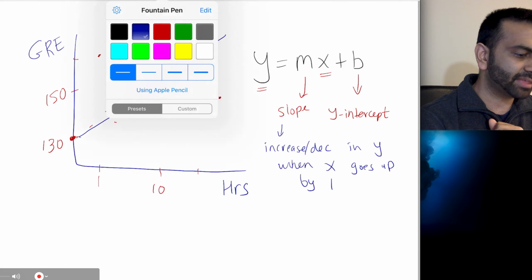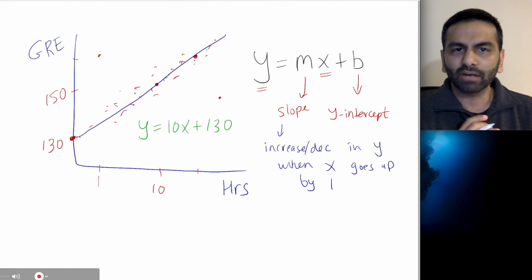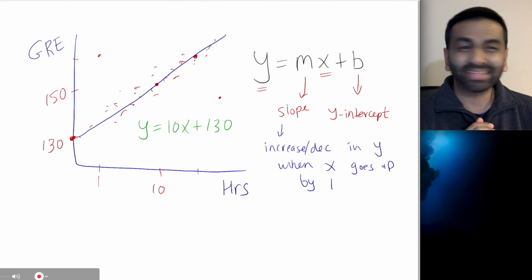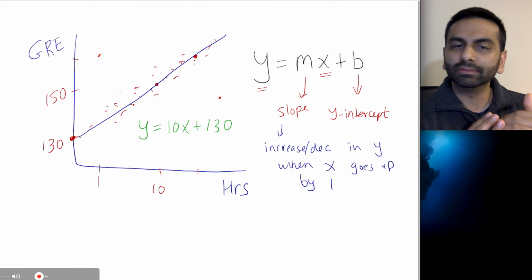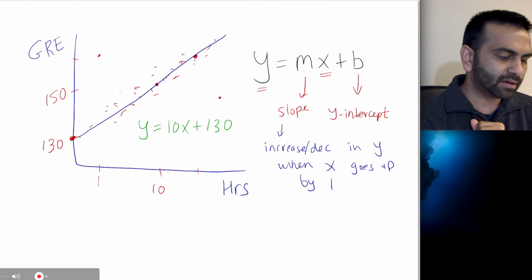So let's say the line of best fit, for this example, happens to be y equals 10x plus 130. What that would mean is that for every extra hour that you study, your score goes up by 10.